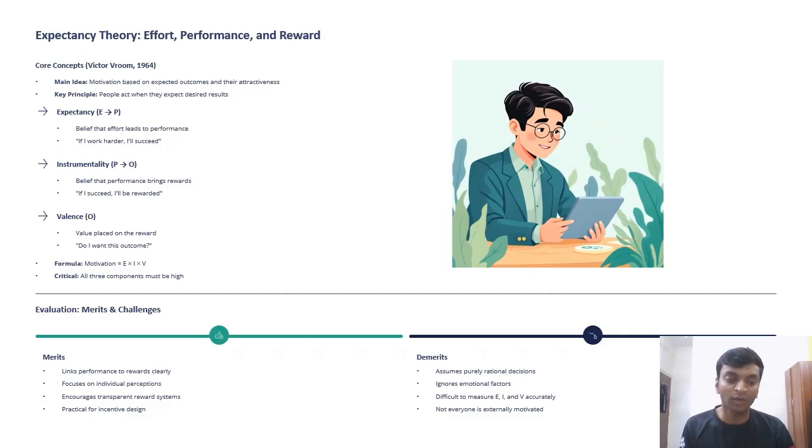Coming to the second one, it focuses on individual perceptions. Not each individual would be motivated by the same outcomes. It depends on their perceptions. Just like the example of the salesperson, for one person, achieving these goals would make him happy. That would be the outcome he would want, that he would be paid well in commission.